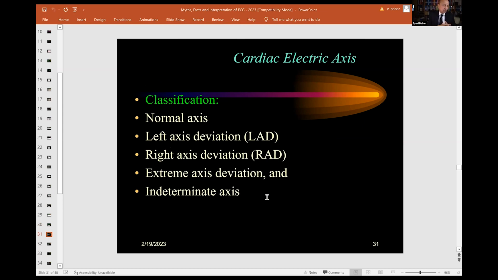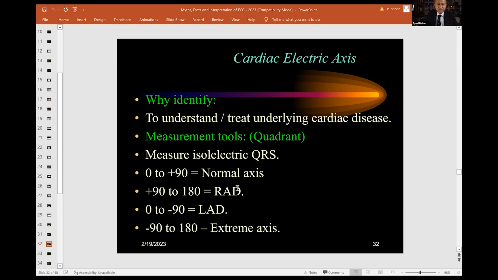We should look at also the axis of the heart as the transmission of current takes place. So the classification would take us to normal axis, left axis deviation, right axis deviation, extreme axis deviation, and indeterminate axis. The reason for understanding the axis is to decide to treat appropriately.